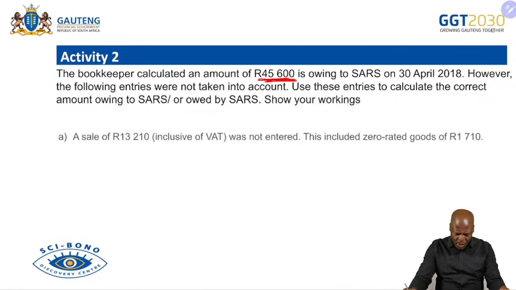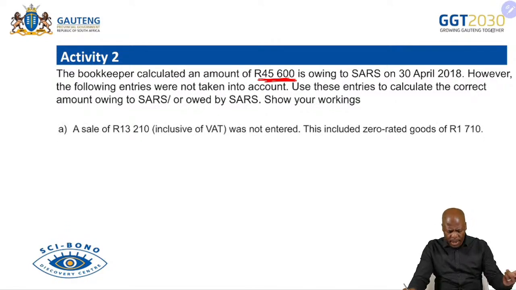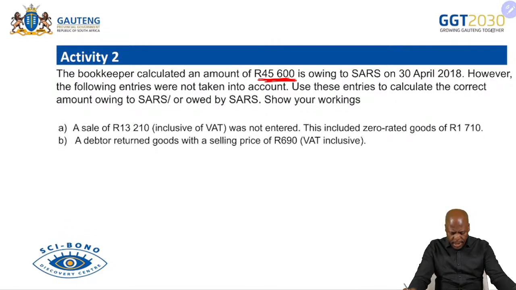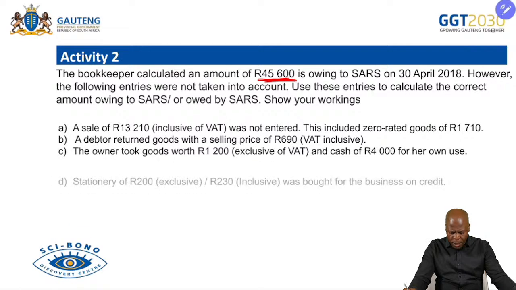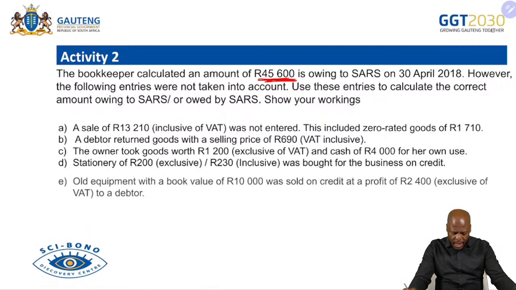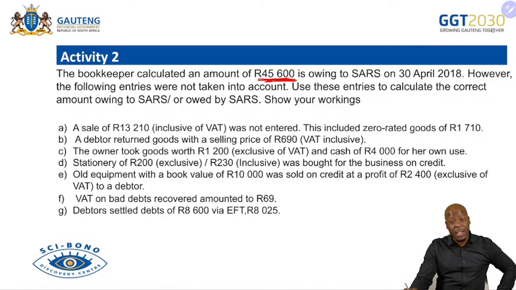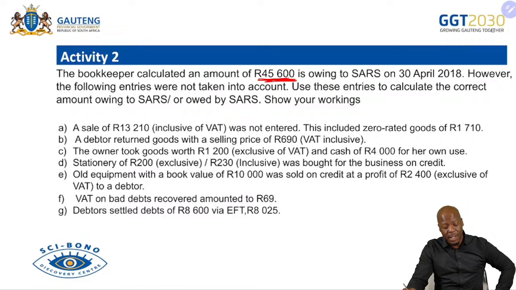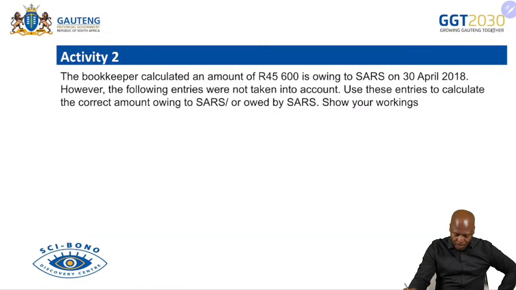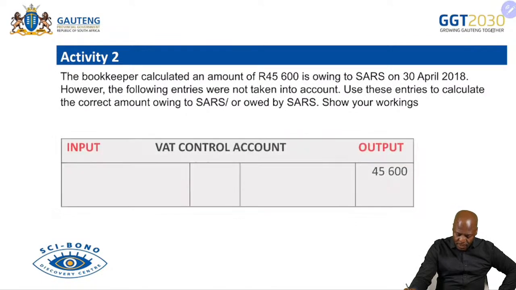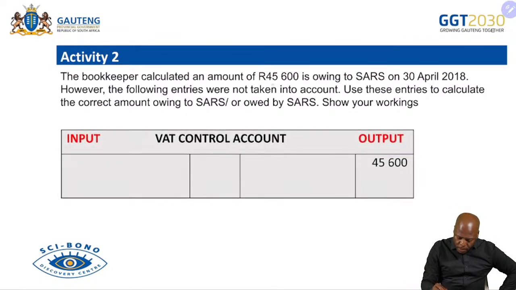Let's see the information. There is number one. There is a sale, and then a debtor returned goods, and then the owner took goods, stationery, and then an old equipment, and then we end up with information G. I want us to treat them individually, one by one. Let's start off with the balance. It says, the bookkeeper calculated an amount of 45,600 owing.